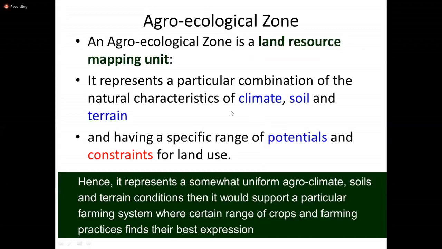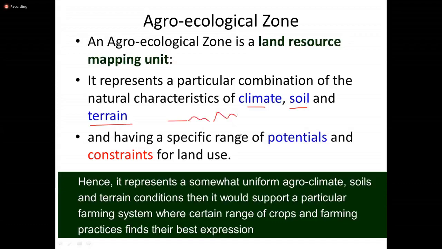It represents a particular combination of natural characteristics of climate, soil, and terrain. So you should understand that climate is there, soil is there, and also terrain. Terrain means the pattern, the topography of the land, right? Whether it is mountainous, sloping, or undulating, right?